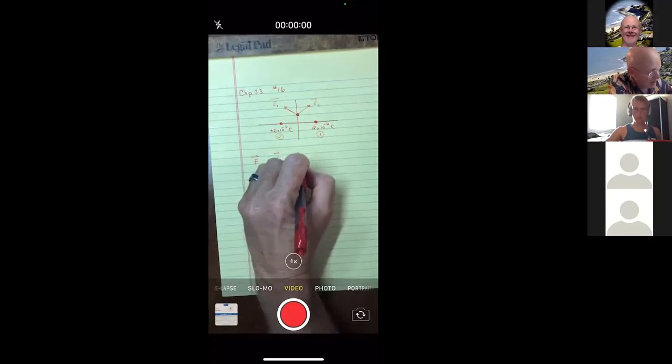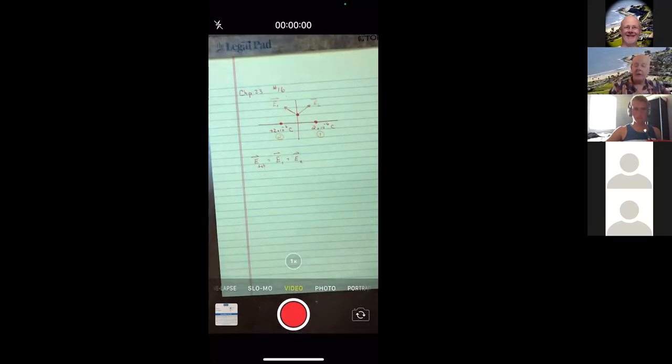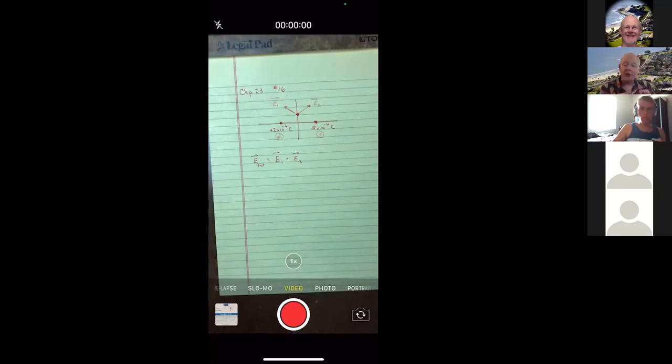So what makes this one a little easier than the other one is I've only got 2 electric fields to add together. But it gets better than that. Look carefully at this. You can save yourself a lot of work if you notice symmetries. Besides doing the math, make sure you do the physics, okay?